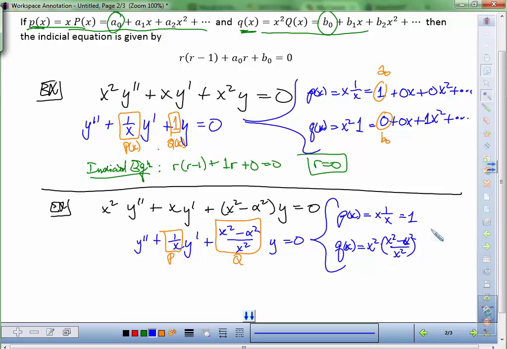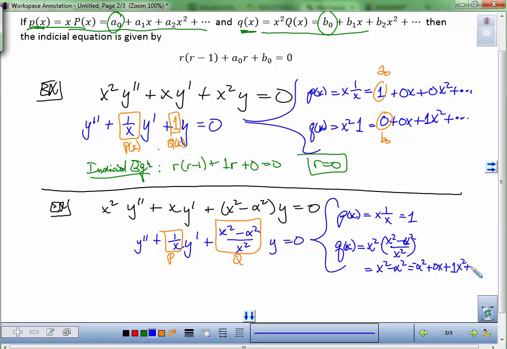Well, the x squareds cancel, and I just have x squared minus alpha squared. Wait, let me rewrite that as a power series where I have the constant first and then a linear term. Oops, this is a minus, shouldn't be minus. Constant, a linear term, the quadratic term, which is 1 times x squared, and then zeros from here on out.